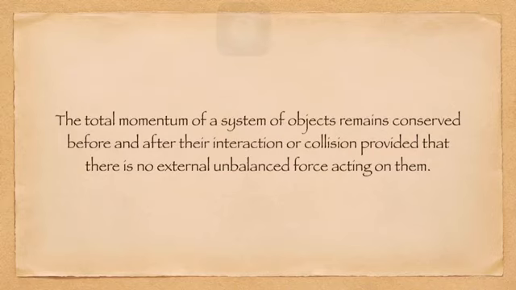So conserved means there will be no any change, means it will remain constant. Clear? Before and after their interaction or collision, provided that there is no external unbalanced force acting on them. So this is the law which is very much applicable in an isolated system.